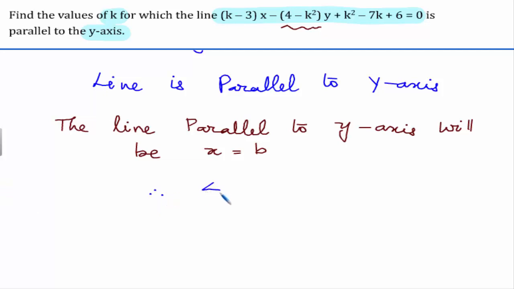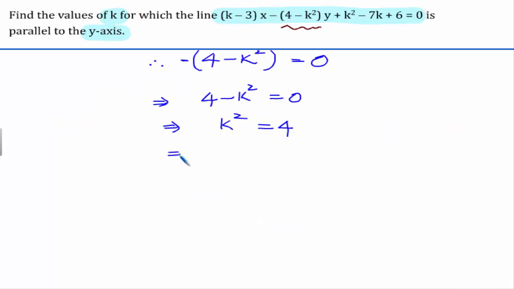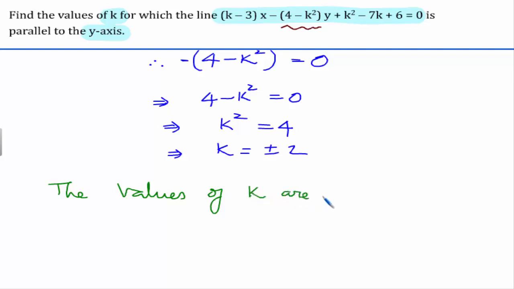So therefore 4 minus k square, this is minus of 4 minus k square, should be 0. This will give us 4 minus k square is 0. So k square is equal to 4. This will give us k is equal to plus or minus 2. So the values of k are plus 2 or minus 2.